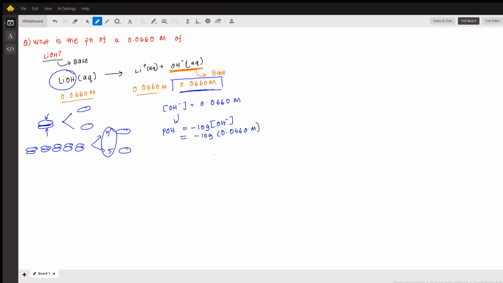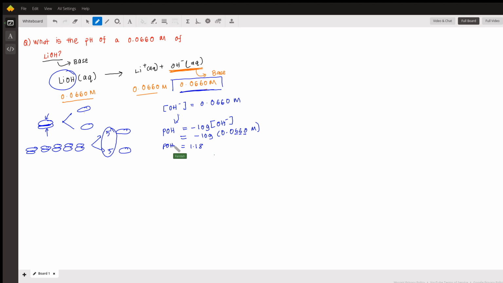Open your calculator, put in negative log of 0.066. From there, you're going to get 1.18. Now let's count our sig figs. We have three sig figs here: 1, 2, 3. So we have a pOH of 1.18.